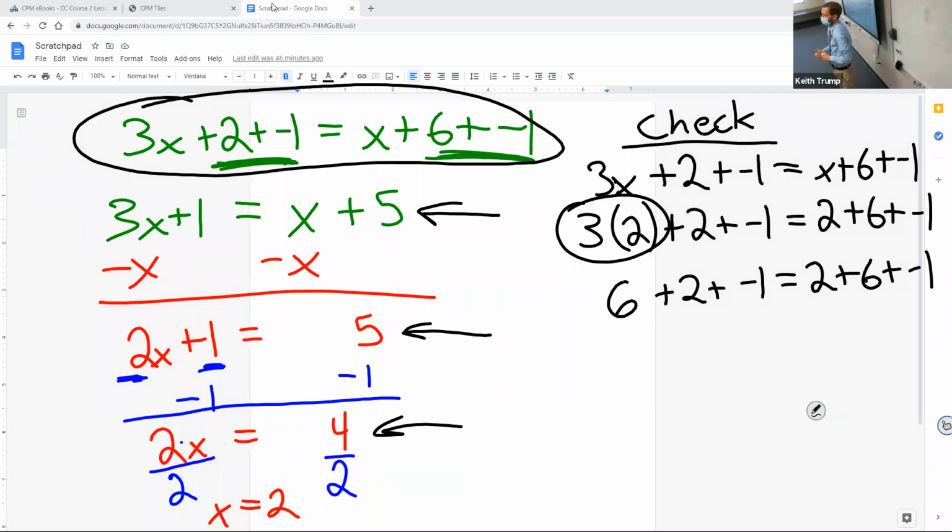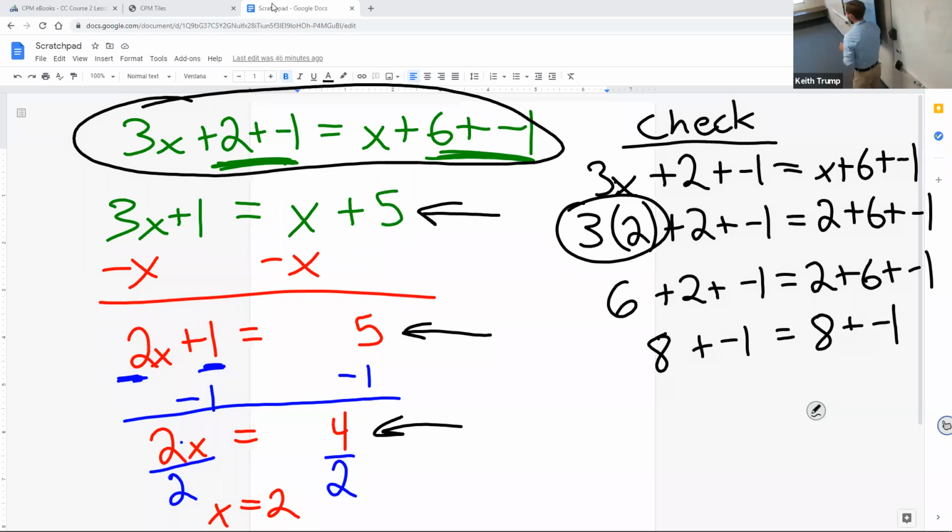I can do this a little bit out of order due to something called the commutative property of addition, but I'm not going to do that in this video. I'm going to really use order of operations. So adding and subtracting from left to right. So 6 plus 2 is 8 plus -1 equals 2 plus 6 is 8 plus -1.